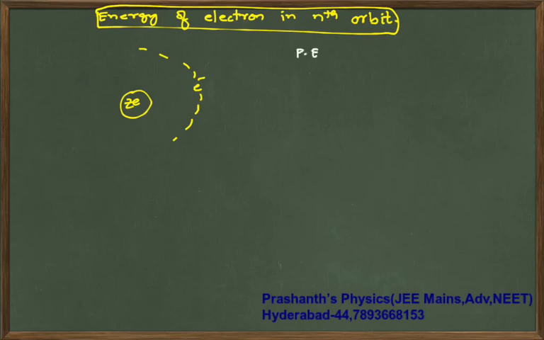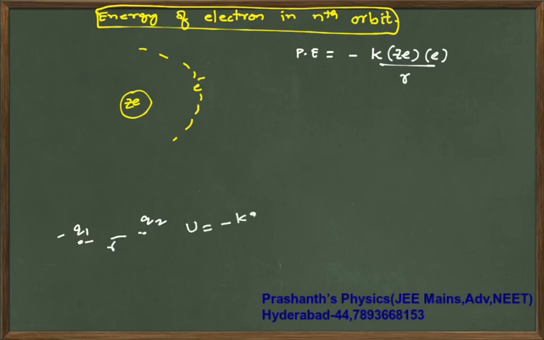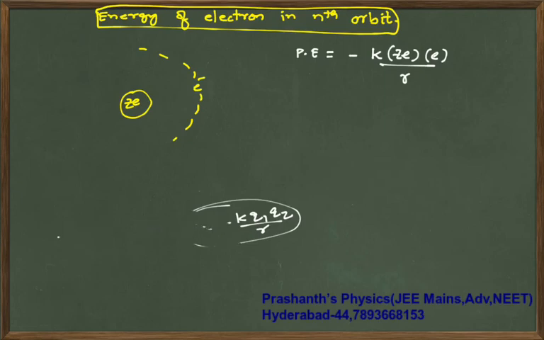Potential energy is minus k z e square by r. If you have charges q1 and q2 at some distance r, your potential energy in electrostatics is given by minus k q1 q2 by r. Potential energy is a scalar, so we have to keep the minus sign.